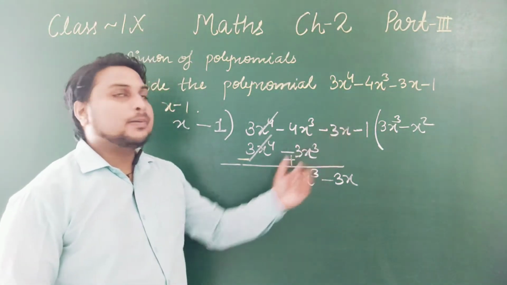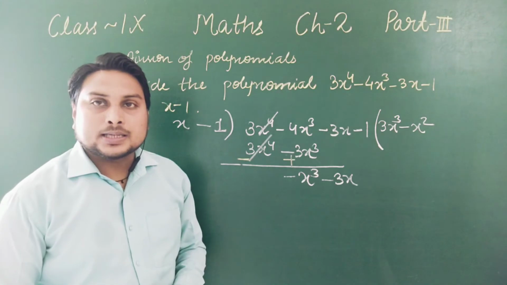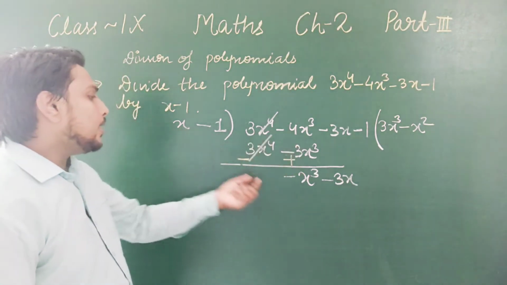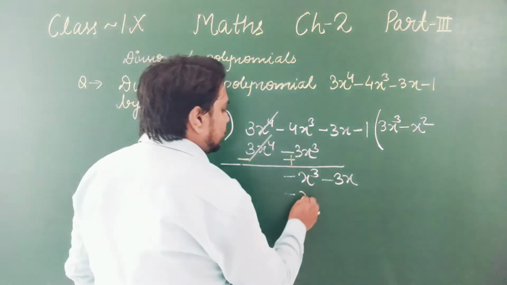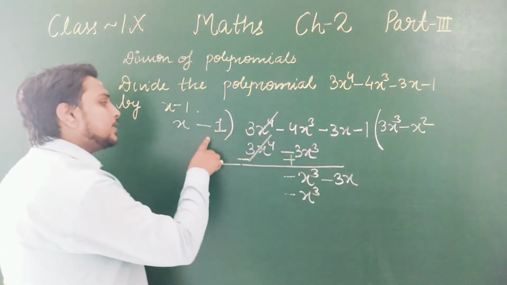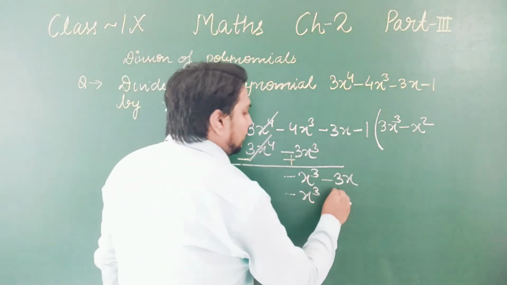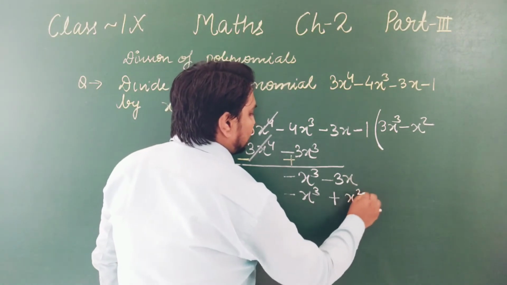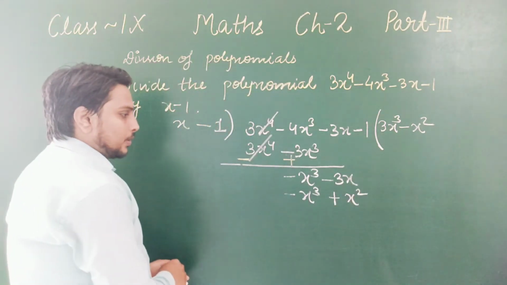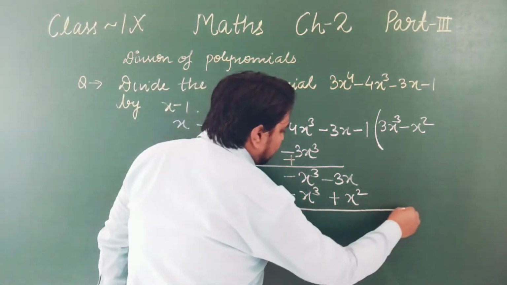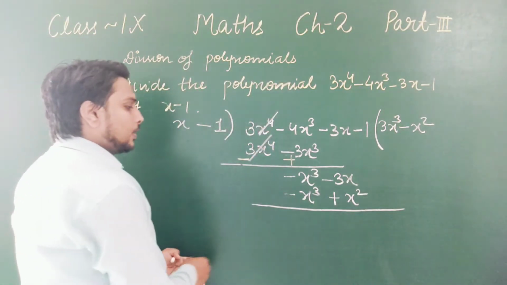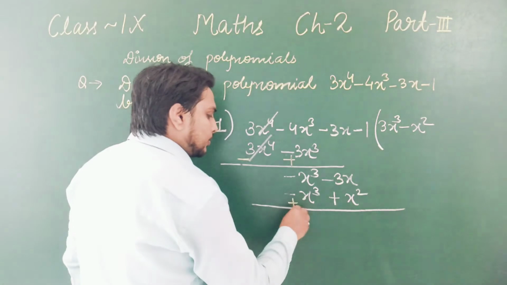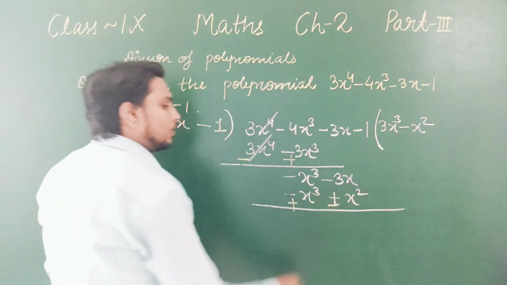So minus x square into x will be minus x cube, and minus x square into minus 1 will be plus x square. Then we will do the subtraction. The sign will change, like this.